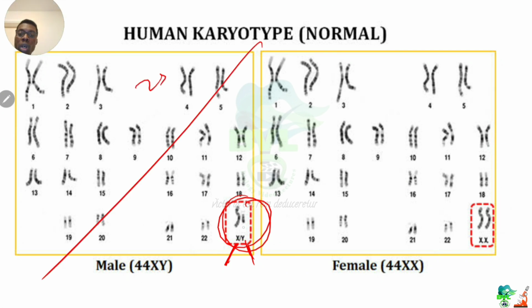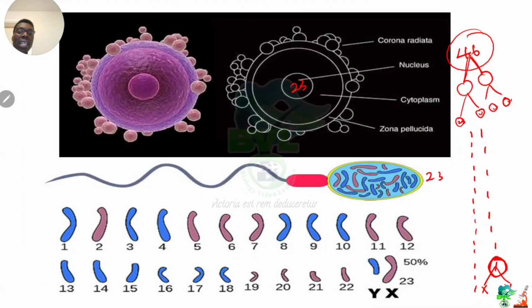So in one 23 we have X, in another 23 we have Y. That's why I said the last chromosome can be X or Y. But if it's a female, because they are homozygous, both sex chromosomes are X, so the last one is going to be X always for the female.